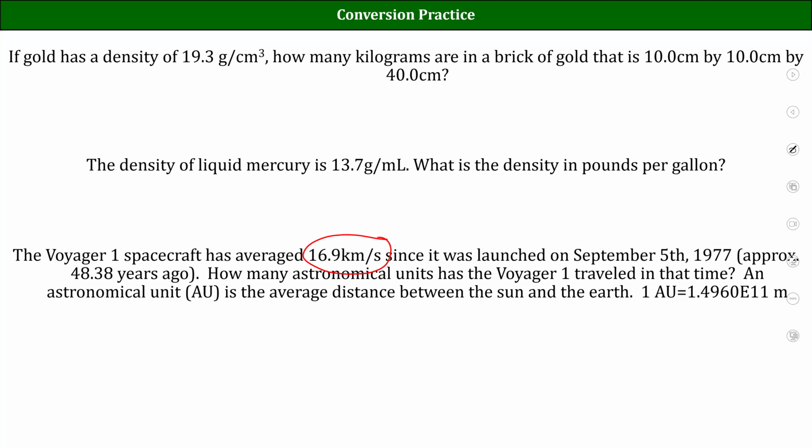So we have a time, 48.38 years. We have a speed, and we want to know how far something went given a starting amount of time.